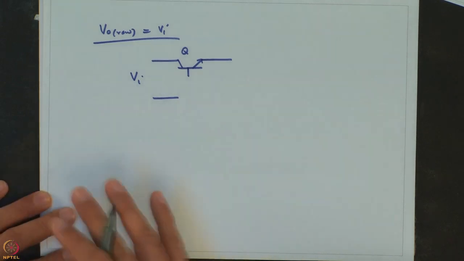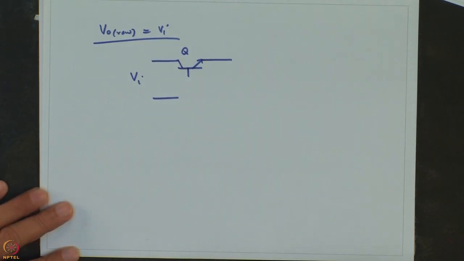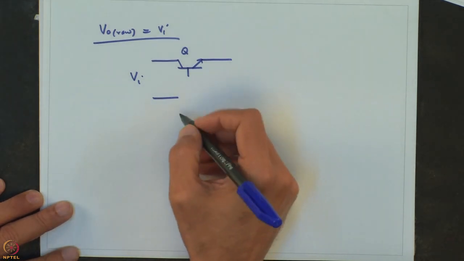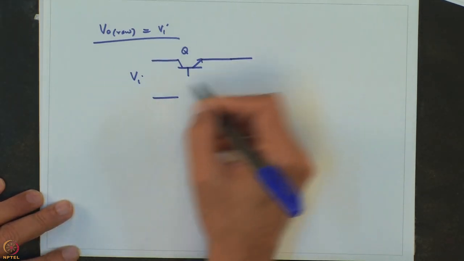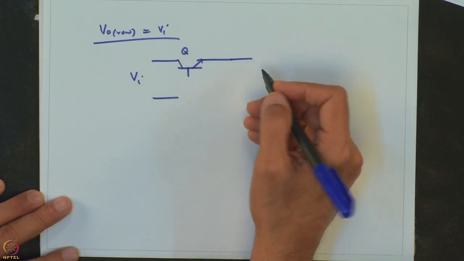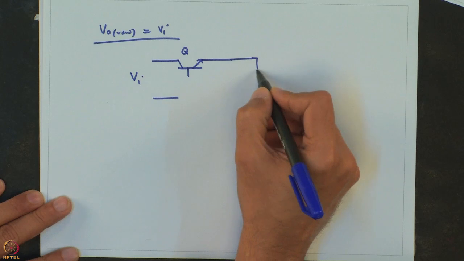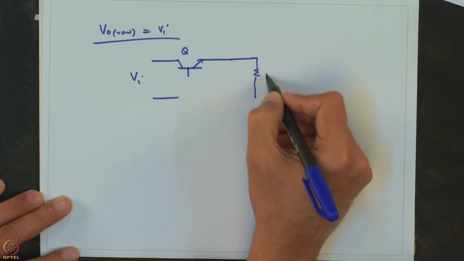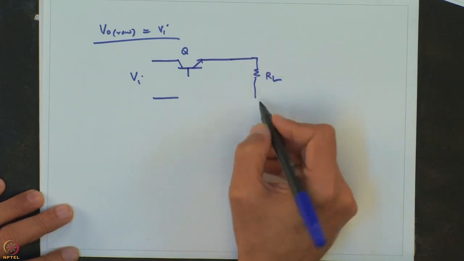Okay. So, we all have at least this basic knowledge about transistors to be able to understand what I am going to say now. Okay. So, let us say this VI is now applied through the series pass transistor to a load, and again I represent this load by RL.